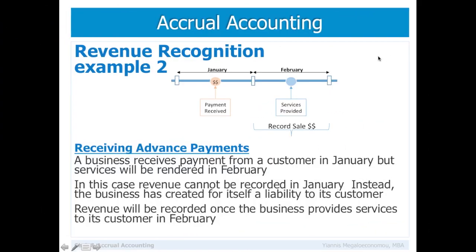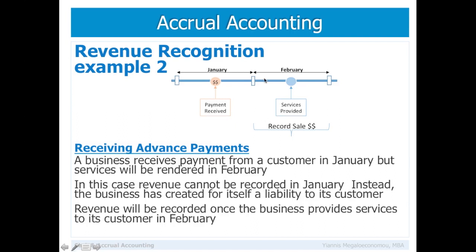Here we have another example of how we may recognize revenue according to the accrual method of accounting. I have included the title for this transaction: receiving advance payment. Let's say we have a business that receives payment from a customer in January. However, services to the customer will be provided in February.